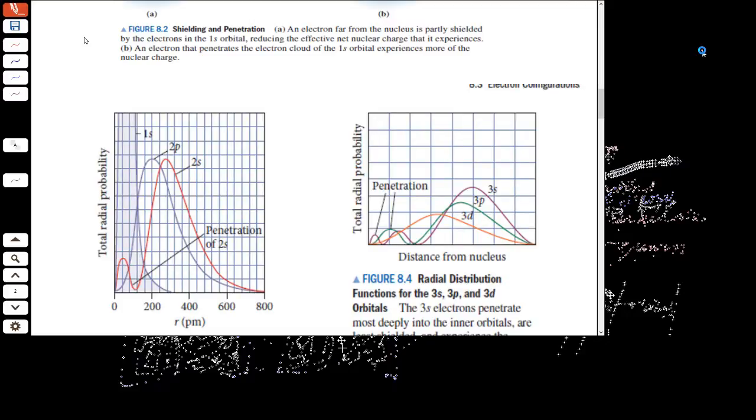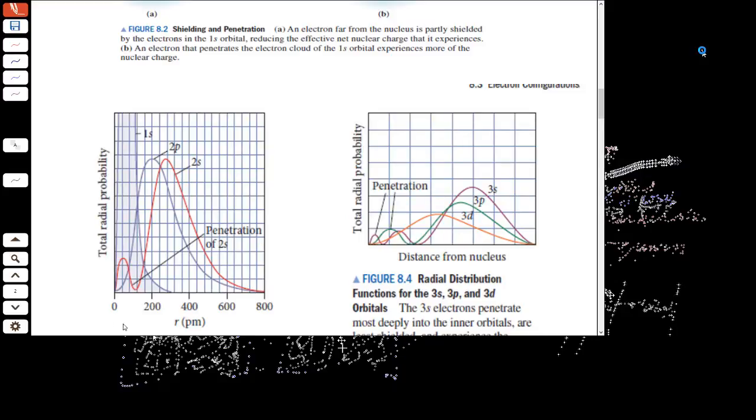The 2s orbital, which is in red, has a maximum that's farther out from the nucleus and actually farther than the 2p. But because it also has a little bit right close to the nucleus, which is called penetration, the overall average probability ends up being a little bit closer.